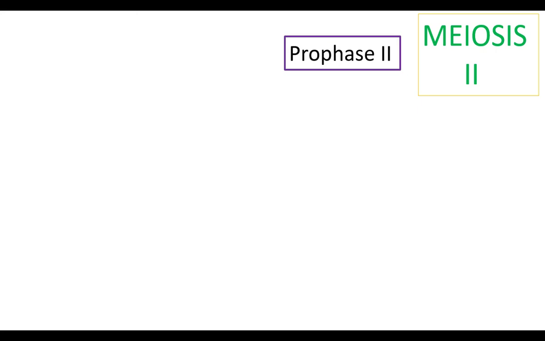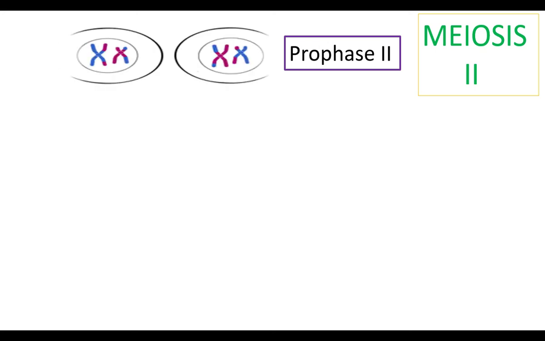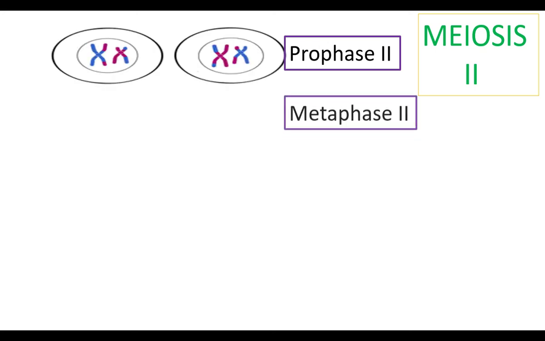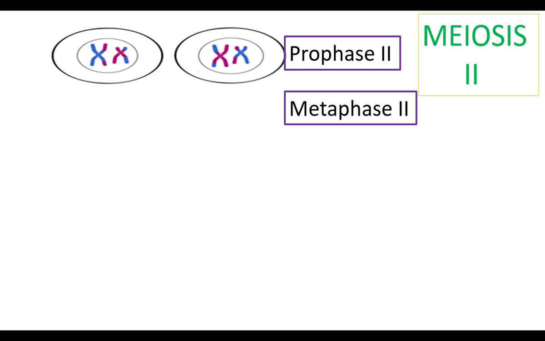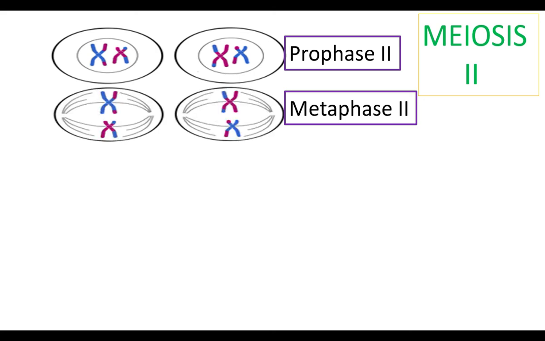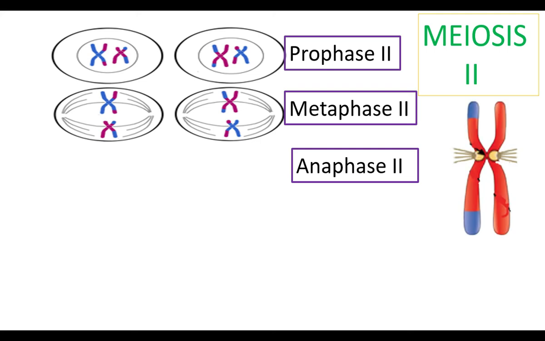In meiosis II, the first stage is prophase II. In prophase, the chromosomes appear. In metaphase, the chromosomes are arranged at the middle of the cell. In anaphase II, the centromere splits.